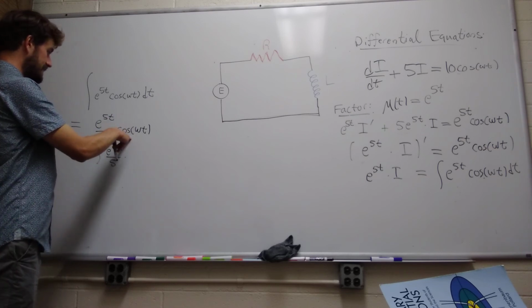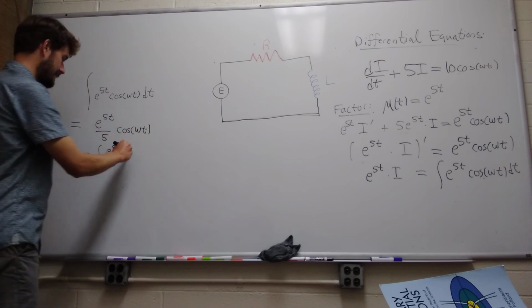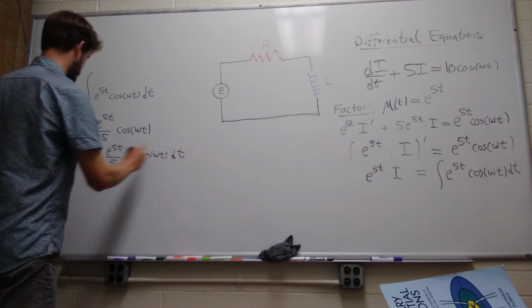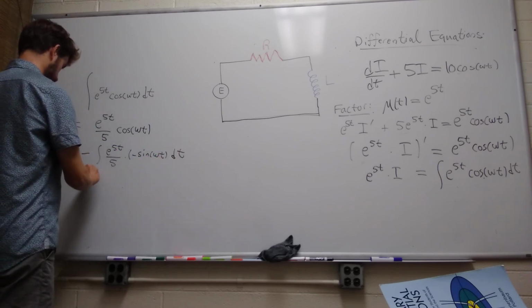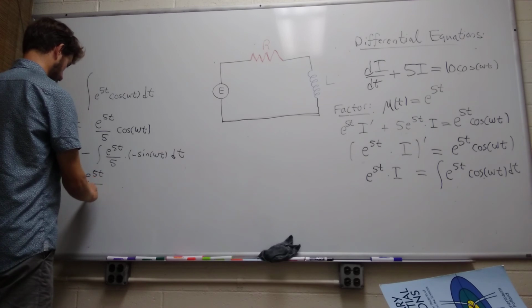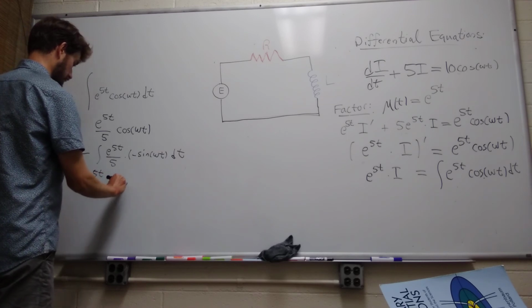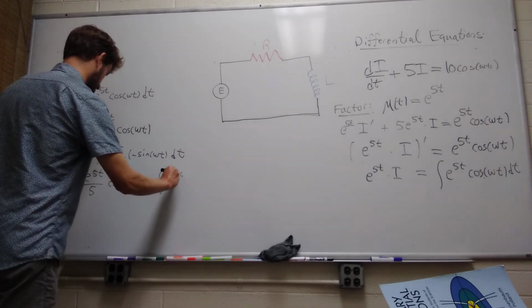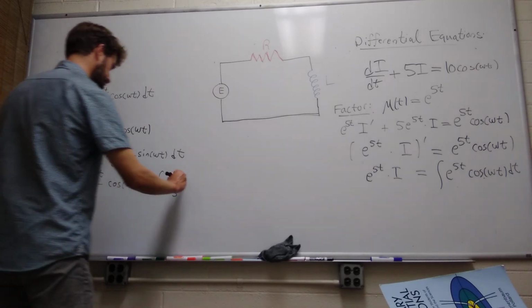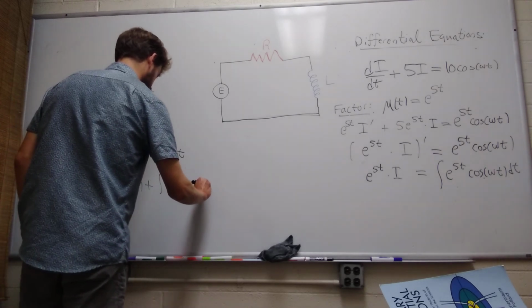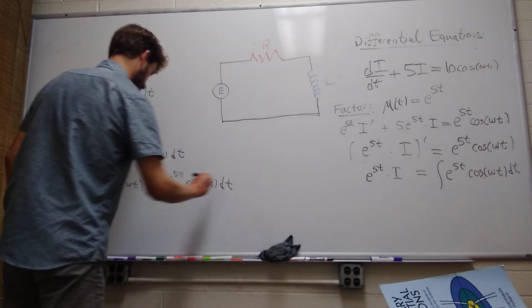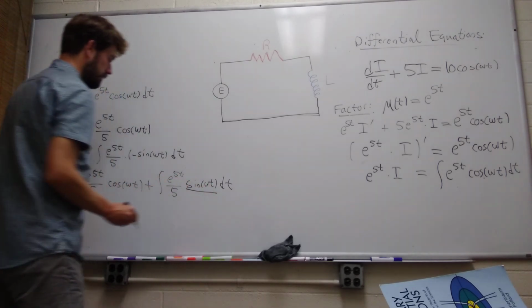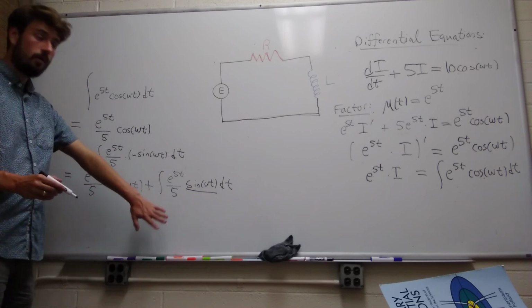Now we need to differentiate this thing. What's the derivative of this? It is negative sine omega t dt. Now notice, we're actually going to do integration by parts one more time.